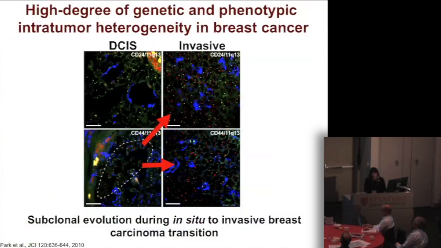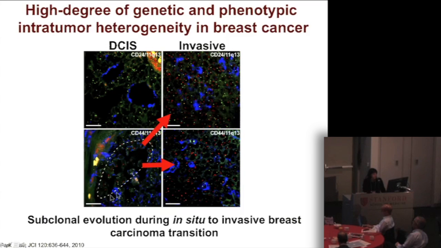So we extended these studies further, and again we used this immunoFISH technology, which allows us to look at copy number variations and also phenotypes. In this study, we looked at these CD24 and CD44 cells and also copy number variations for multiple markers, comparing DCIS, which is ductal carcinoma in situ, an early pre-invasive lesion, with invasive tumors.